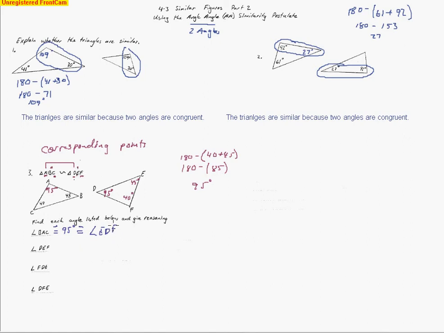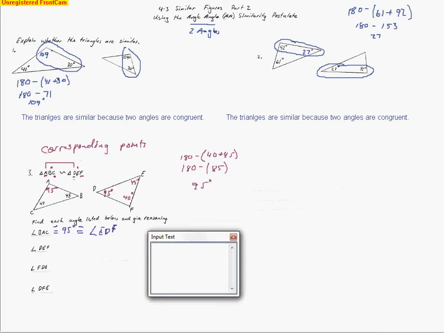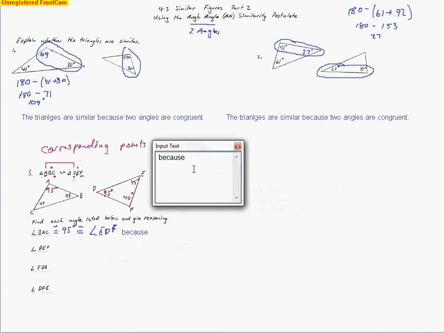And so those are congruent angles, and the reasoning would be this. This is our phrase that we're going to use every time if they're asking this question. We'll say because corresponding angles of similar triangles are congruent.